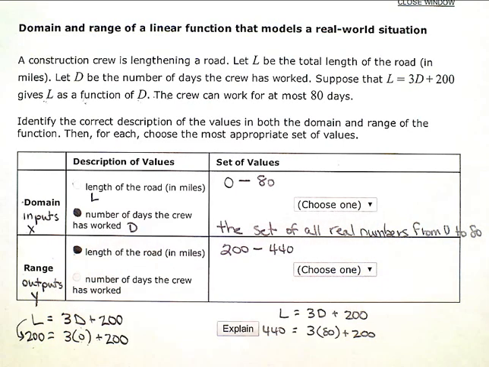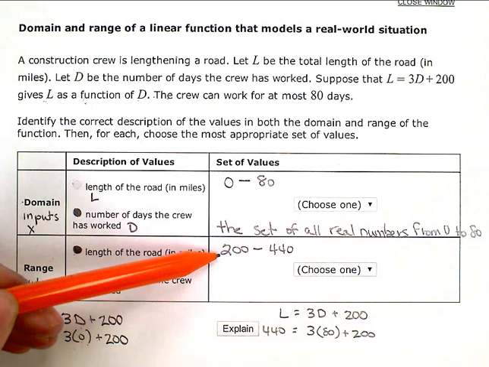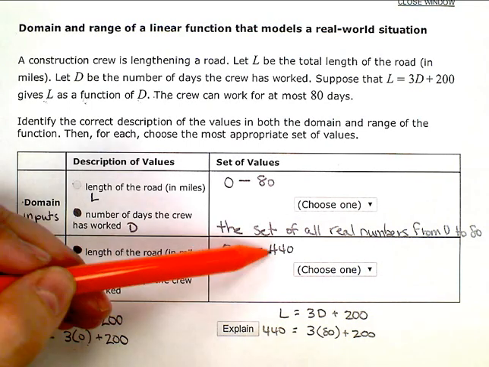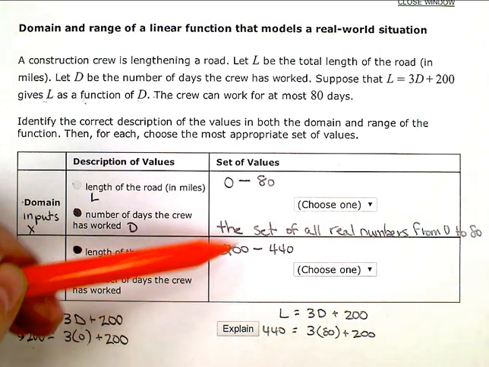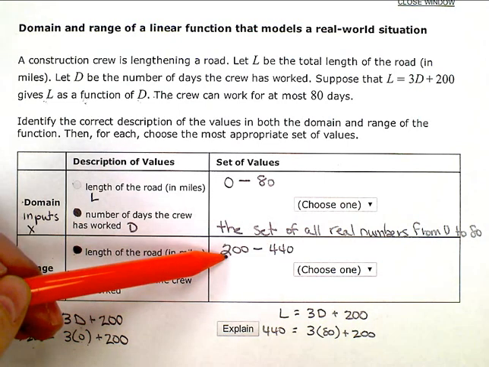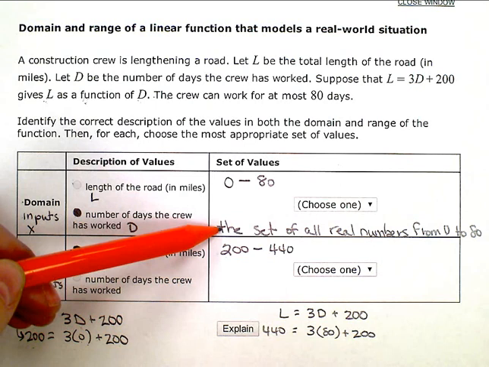So my range, the length of the road, could go anywhere from 200 miles at the shortest to 440 miles at the longest, and anywhere in between there, depending on how many days they've worked.